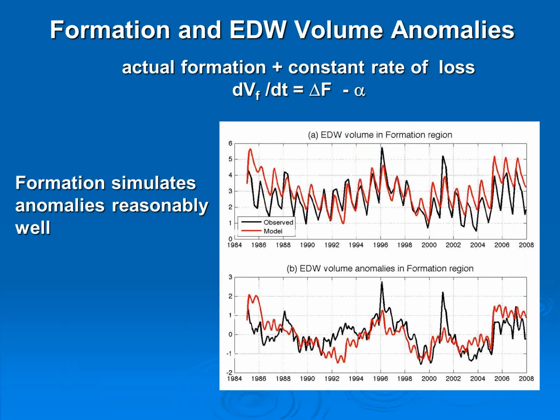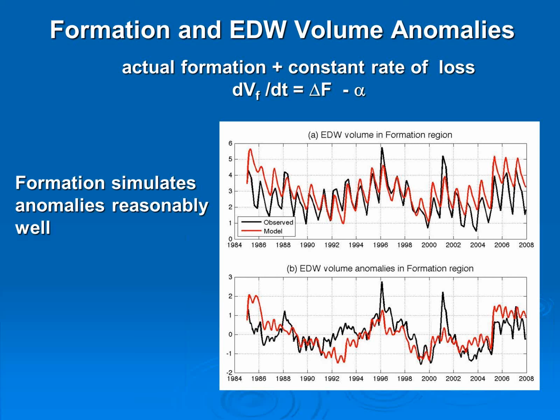So let me first show you the simplest model, only including the formation and a constant rate of loss, to see how much of the volume change is explained by the formation. Here, this is the formation region.